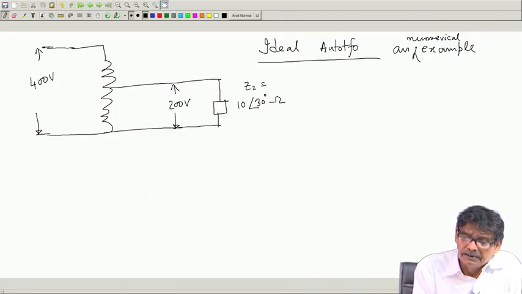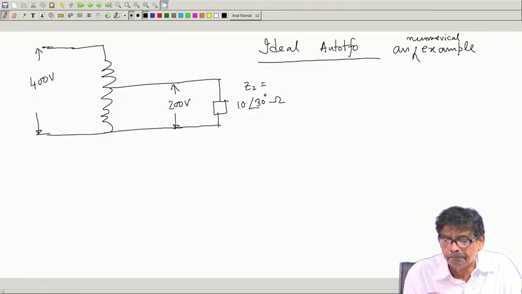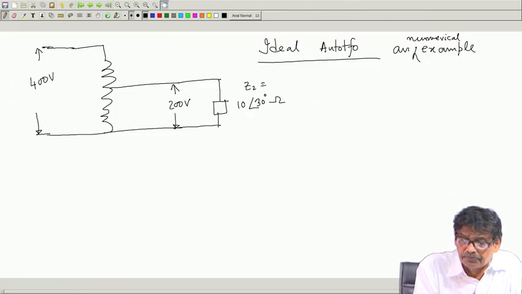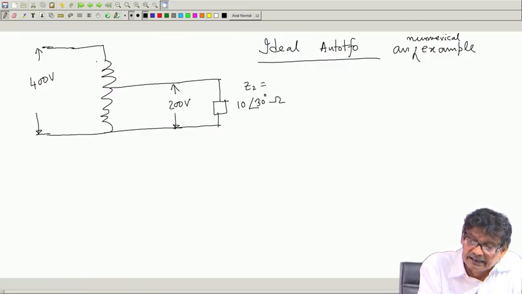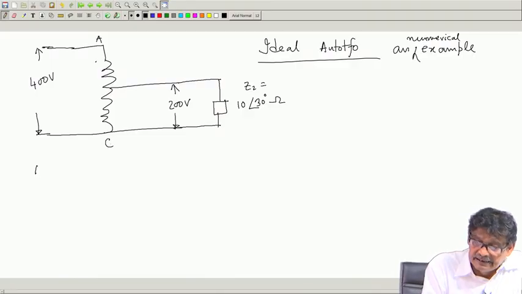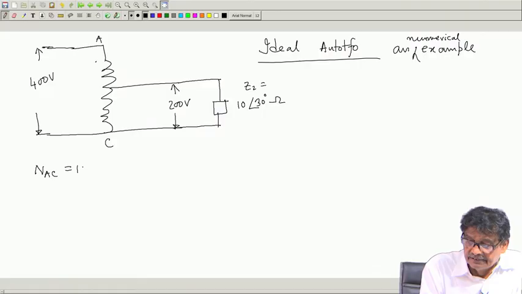One way of doing this, because this is 200, this is 400 given, otherwise number of turns could have been given. Suppose I say that this is A, this is C, A and C, suppose I say it is 100 turns.